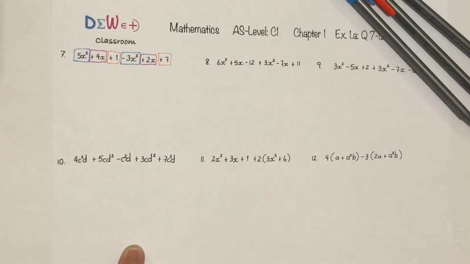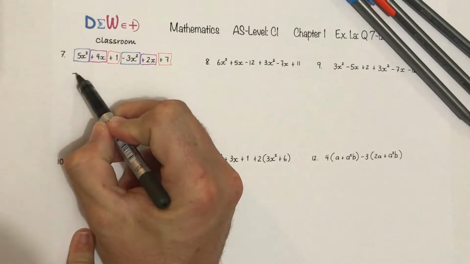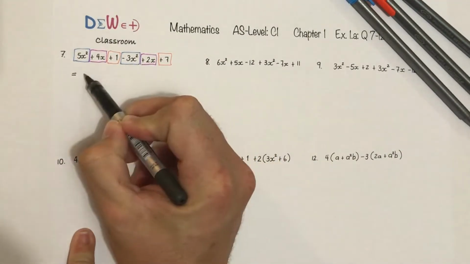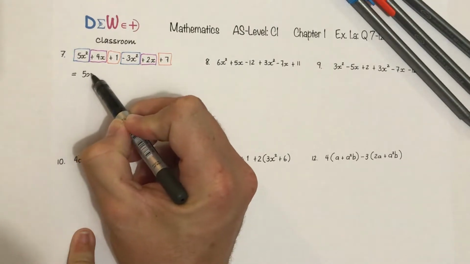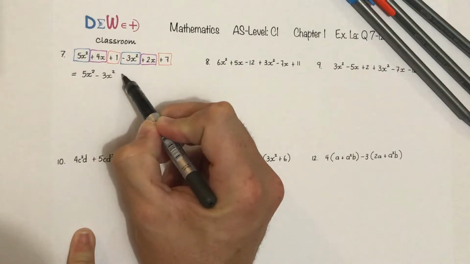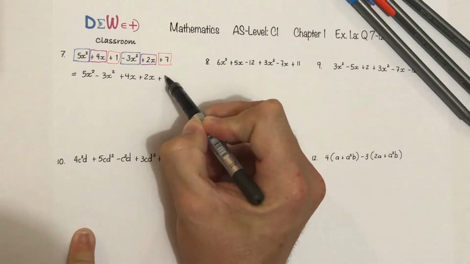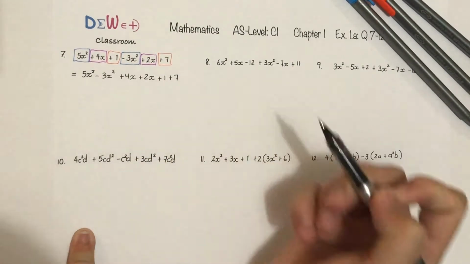Now, according to the example in your textbook, what you should do first is rewrite with the like terms together. So it will be 5x squared minus 3x squared plus 4x, the purple, plus 2x, the second purple, plus 1 plus 7.